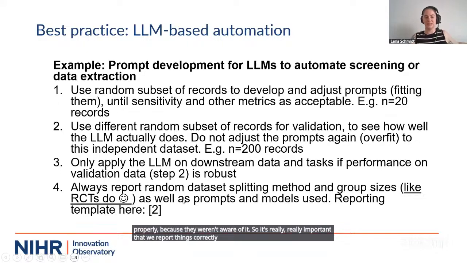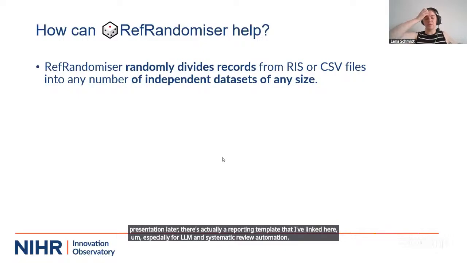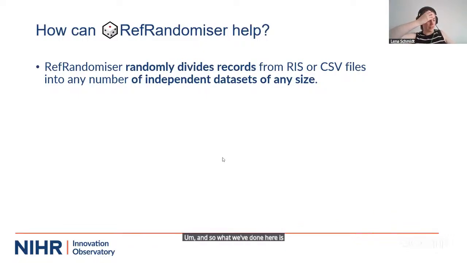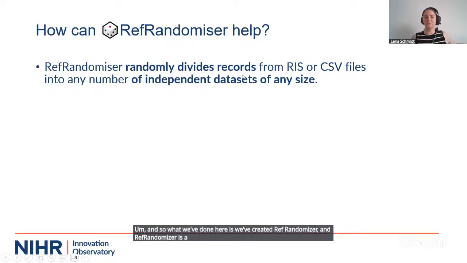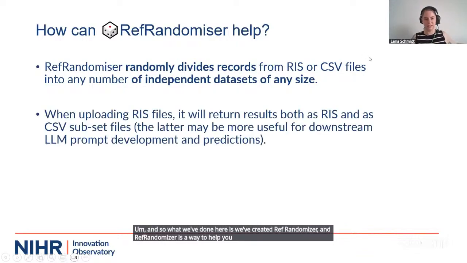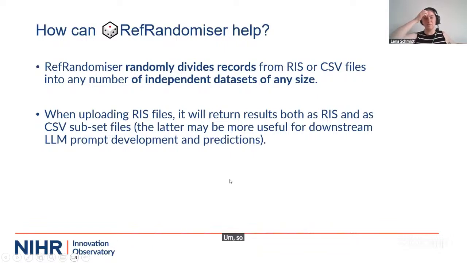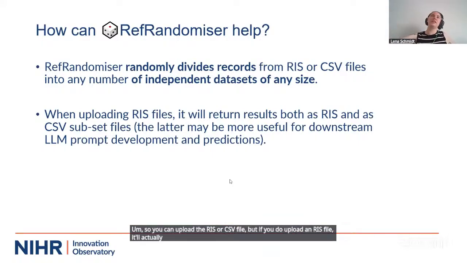And actually, if you have the link to my presentation later, there's a reporting template that I've linked here, especially for LLM and systematic review automation. What we've done here is we've created Ref Randomizer, a way to help you split RIS or CSV files into any number of independent data sets. You can upload the RIS or CSV file, and if you upload a RIS file, it'll return both RIS and CSV.